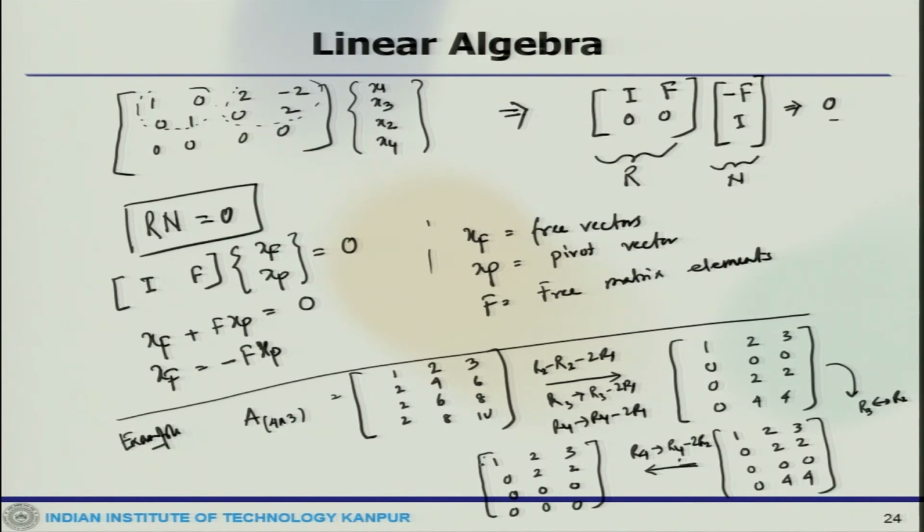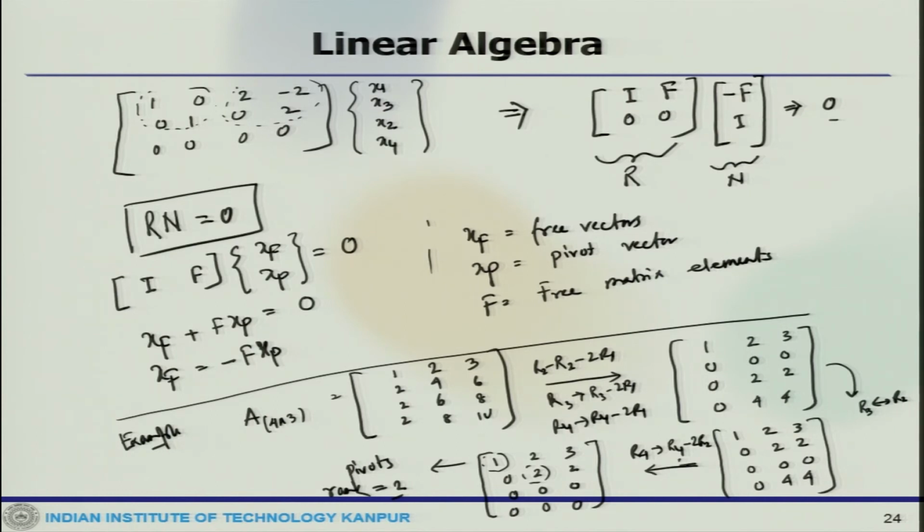Here again you can see these are the pivots and the rank is 2. Now interestingly, this particular example is the transpose of the previous one.